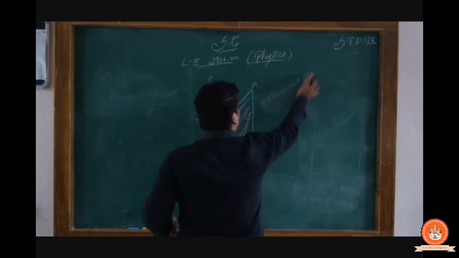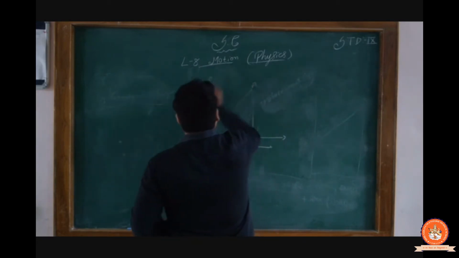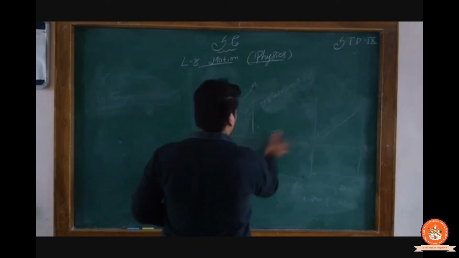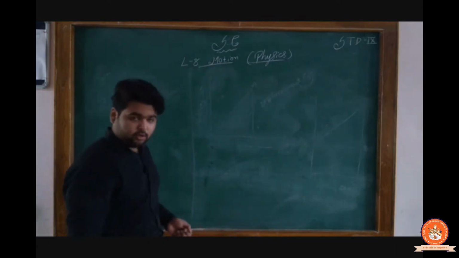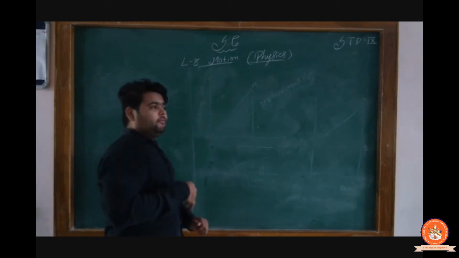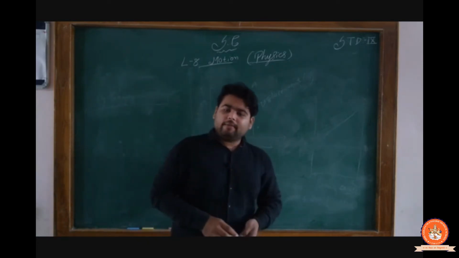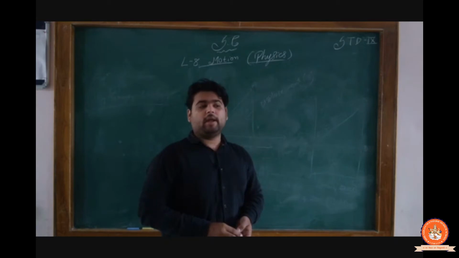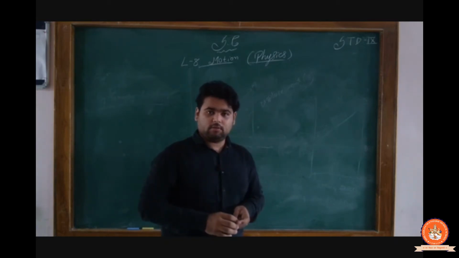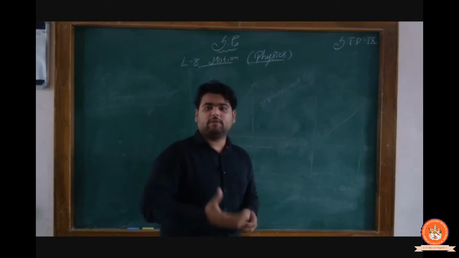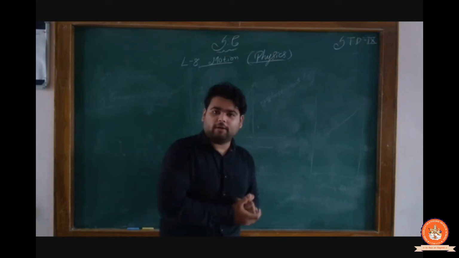Now our main important topic is here, the heartbeat of this chapter: the equations of motion. They come in further classes also, 11th and 12th, and even at graduation level this equation comes. Both are important.